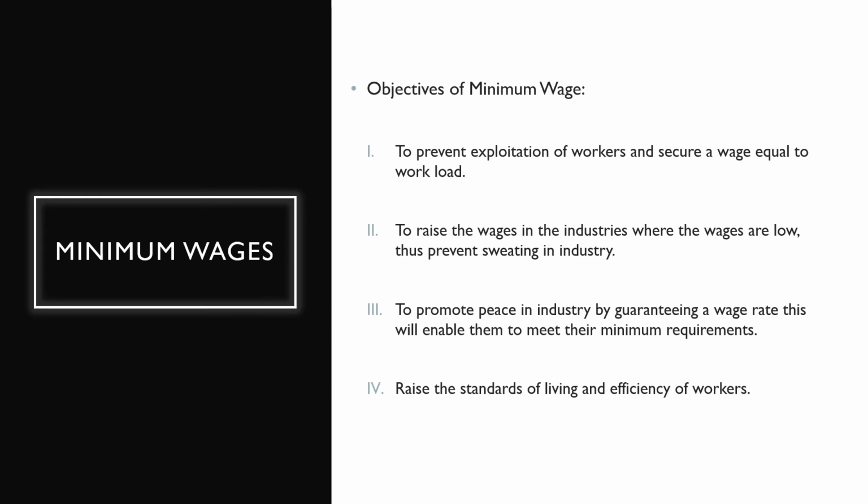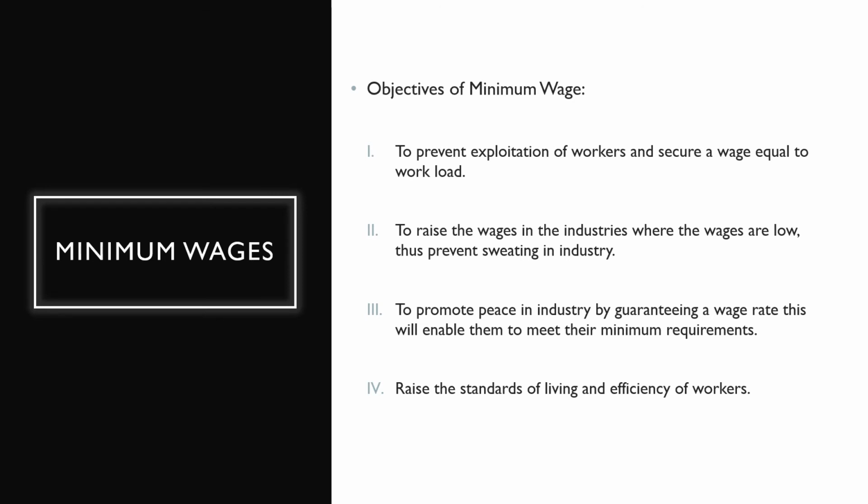Consider the rise in wages in the industries where wages are very low. It was seen at that time that some employers were exploiting their workers. Some industries were paying very low to their workers, and that might lead to sweating in the industry.